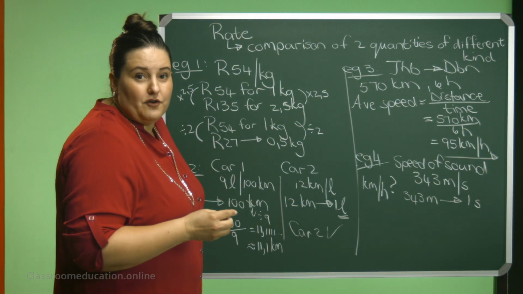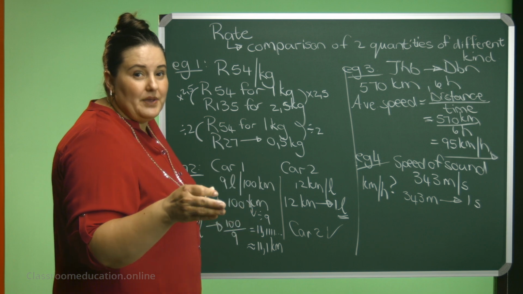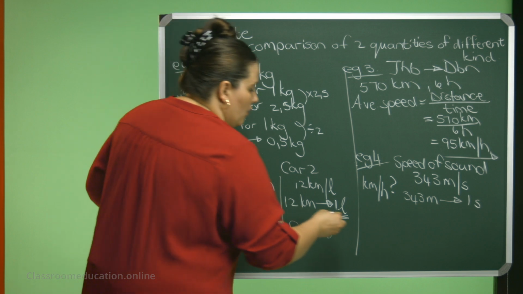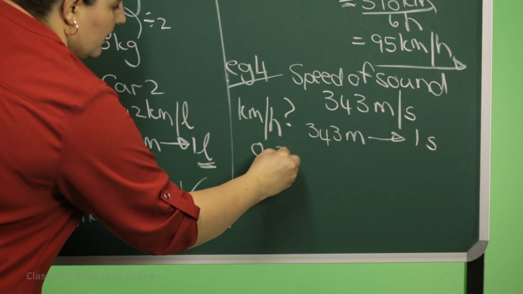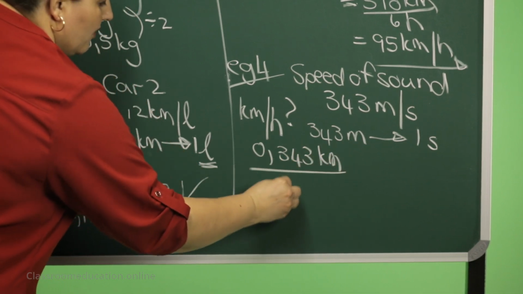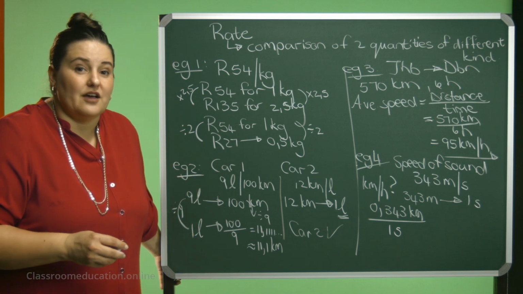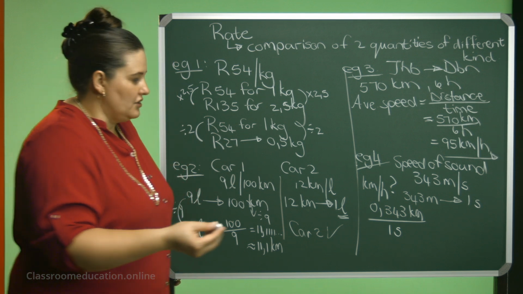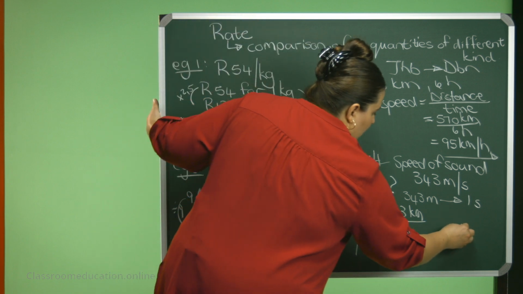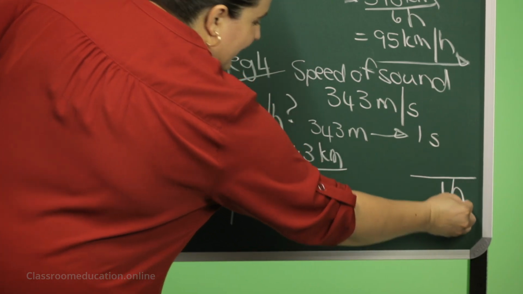The 343 I can actually change to kilometers, and that will be 0,343 kilometers per 1 second. But I would like to change that now to hours. So I need to have an answer in terms of kilometers per 1 hour.